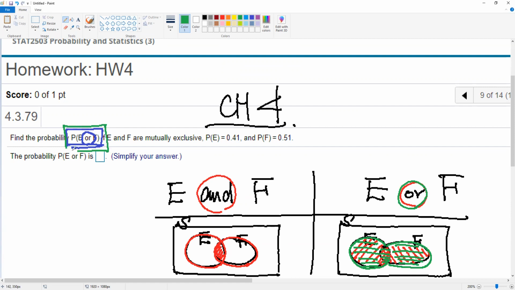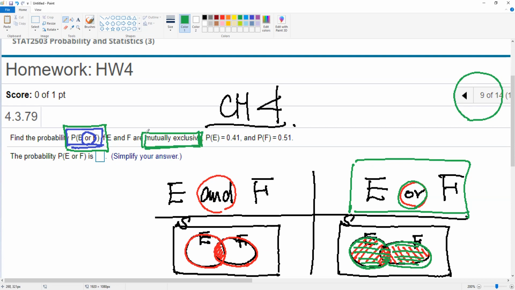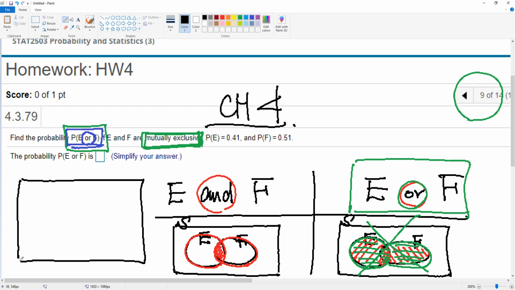But now number 9 asks us for the or. But we have to understand the meaning of mutually exclusive. It is a very special case. It doesn't look like this Venn diagram, but when they are mutually exclusive, we can make 2 circles, E and F, separately. So when they are mutually exclusive and we need the probability of E or F, we still combine them together.